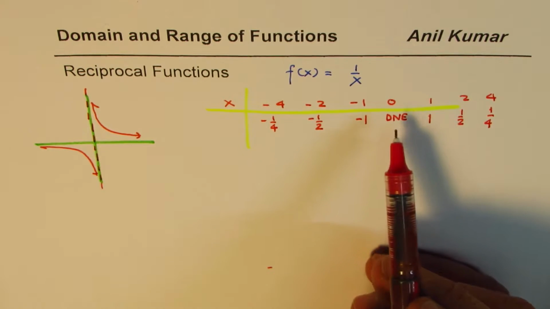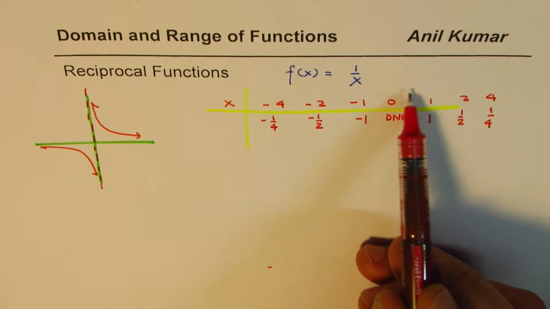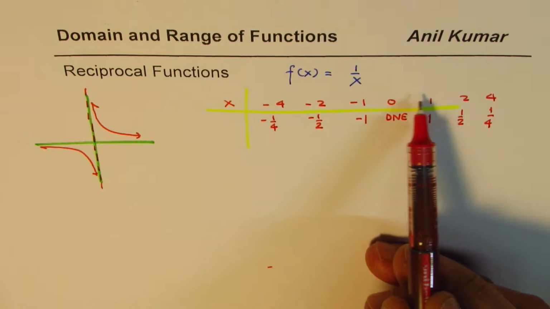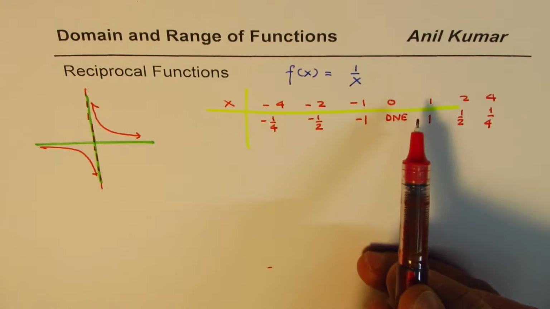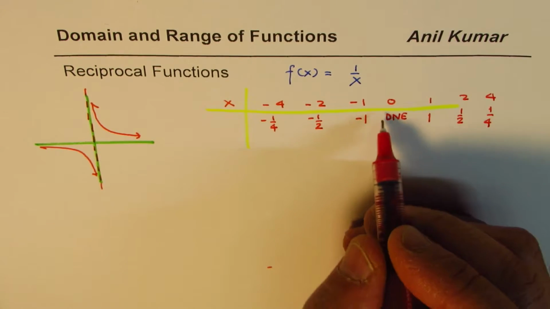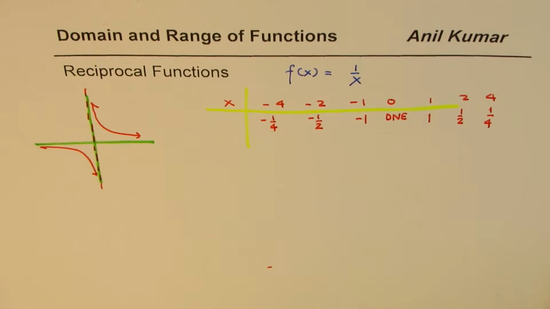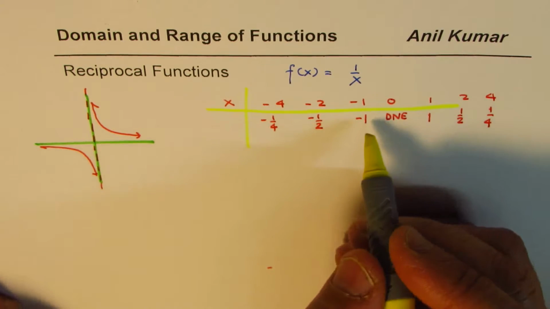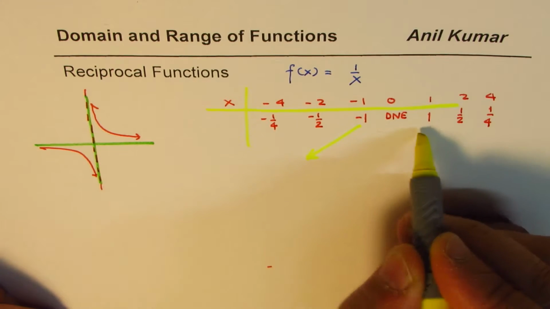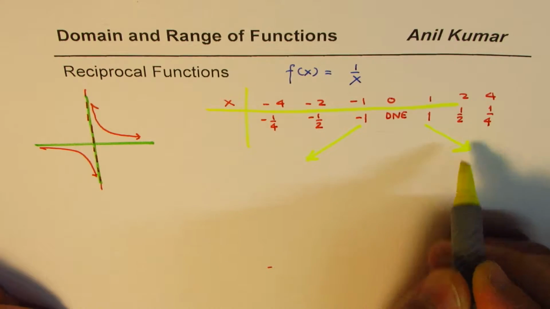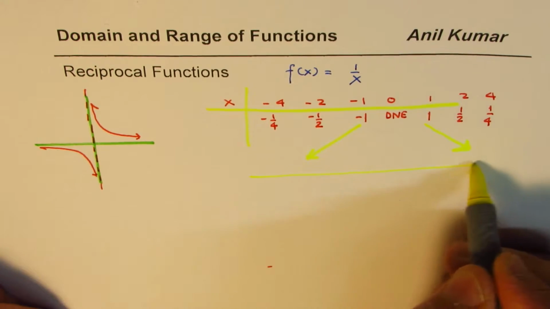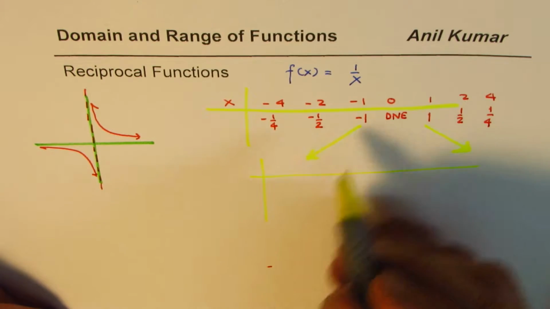Now it is very interesting to note that if you take numbers in between plus and minus 1, then you get very high numbers. Let me make another table here just to expand this portion. The idea here is to view what happens in this portion.